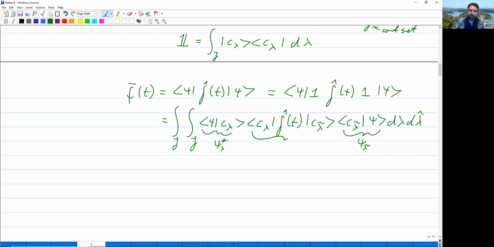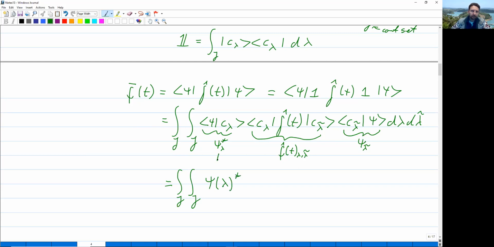And this here is now, again, what would be a matrix element if the lambda were discrete, but they are not. So let's write here lambda and lambda tilde. Now, this would be the natural way to write it, but actually in the literature the notation is a little different. Namely, we write here psi of lambda star.